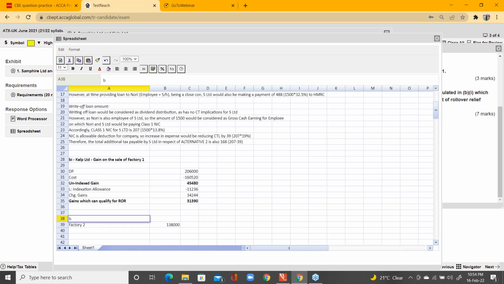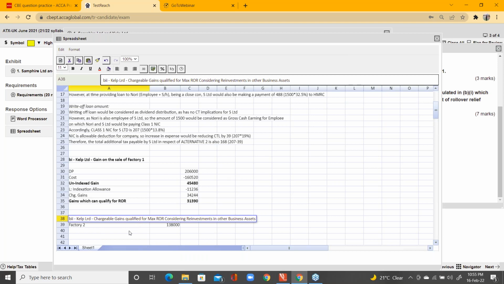So here we are also actually calculating part B2, that is, calculate the limited chargeable gains qualified for max ROR considering reinvestment in other business assets. Factory 2 purchased for 138,000.